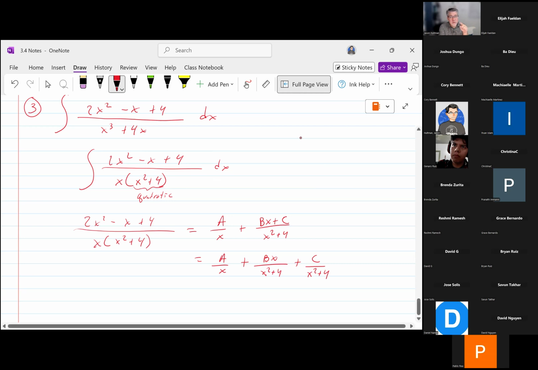I have to take into account that this thing could be any linear function I could come up with. So the numerator is always one less degree than the denominator.